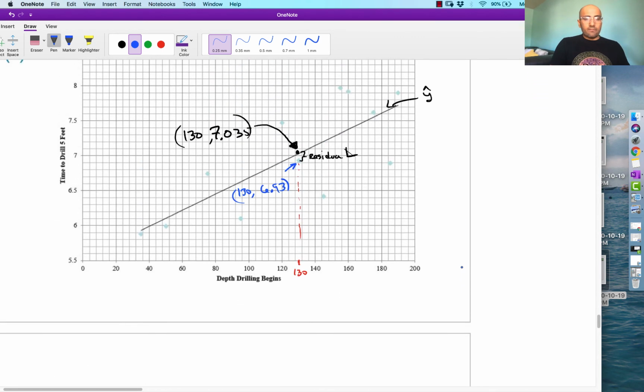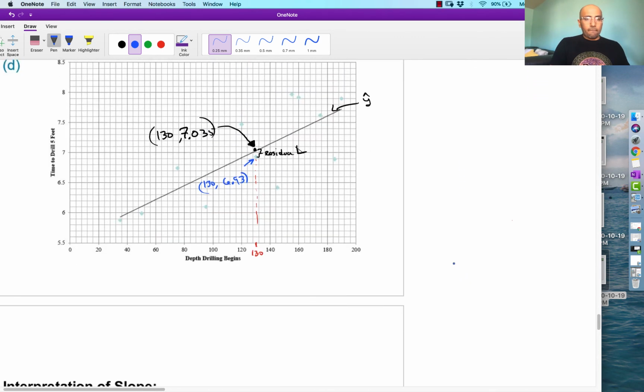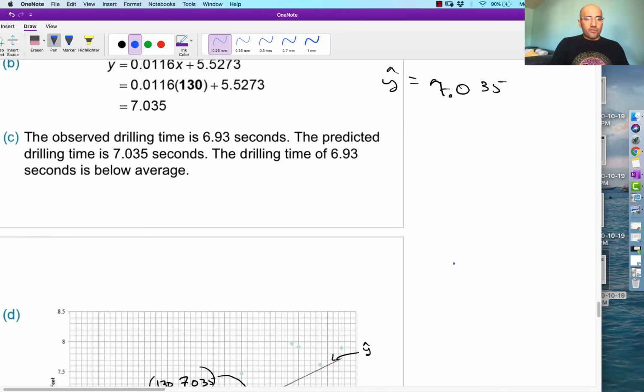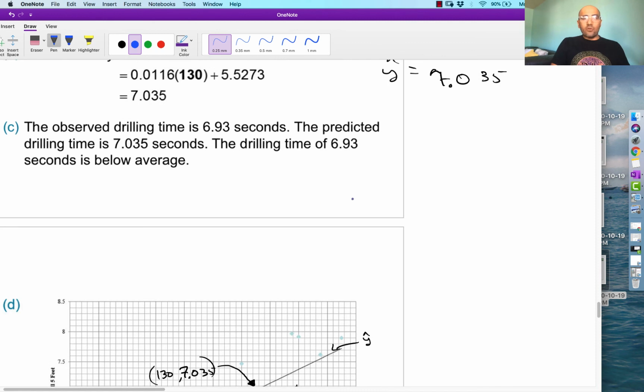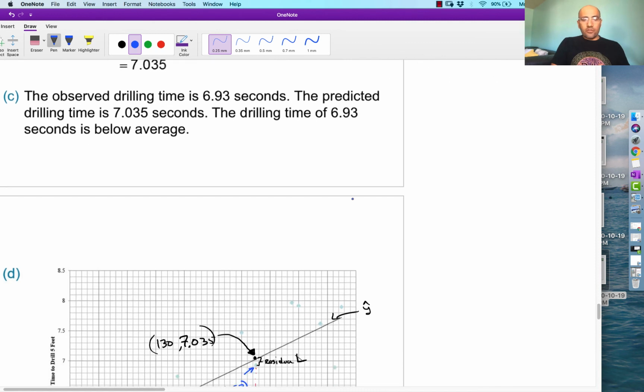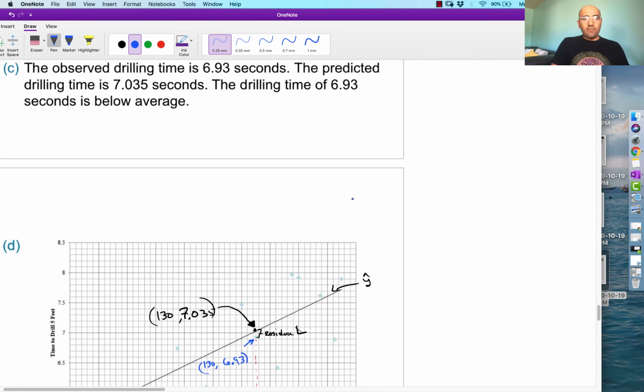Okay. And that matches with what we hear. So the observed drilling time is 6.93. The predicted drilling time is 7.035 seconds. So the drilling time of 6.93 seconds is below average, and the residual is the space between the two, right? So the residual would come from subtracting those two.